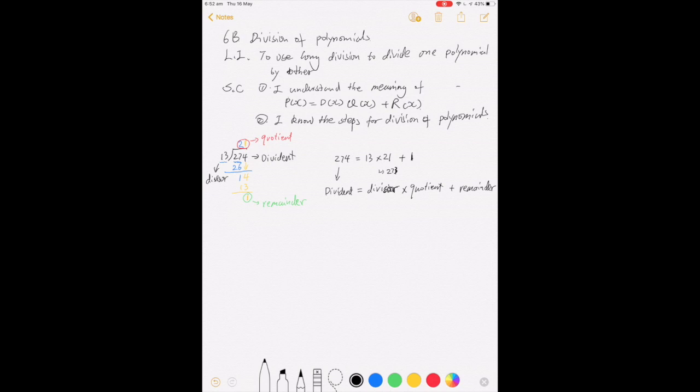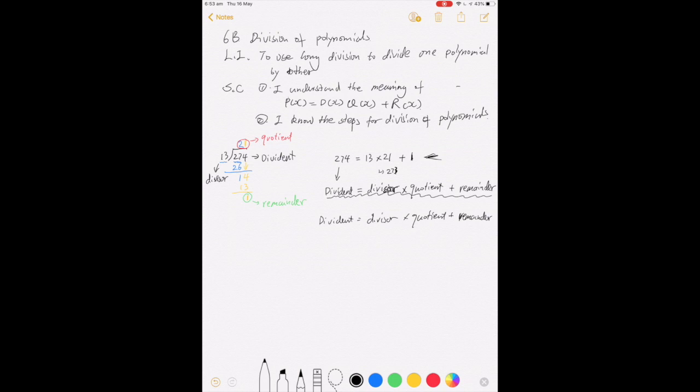Now look at this form over here. So this is my equal sign. Let me write it again: dividend is equal to divisor times quotient plus remainder. So that's the form that we got from here.